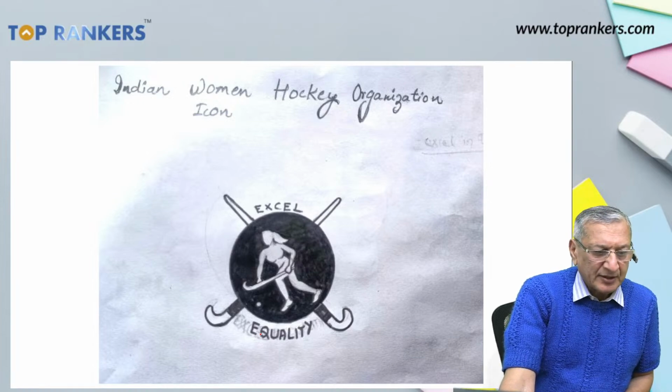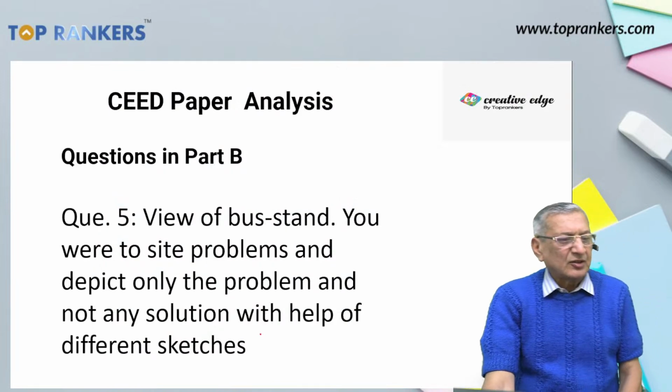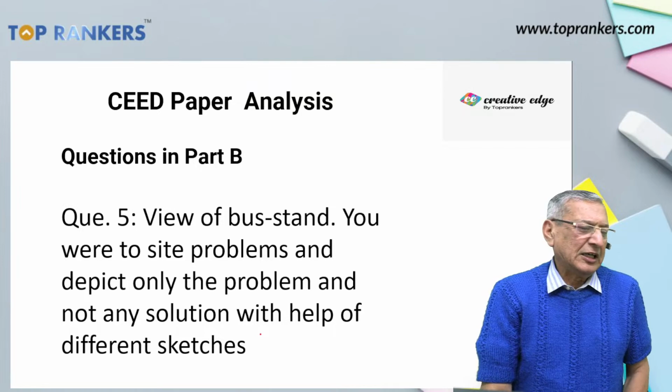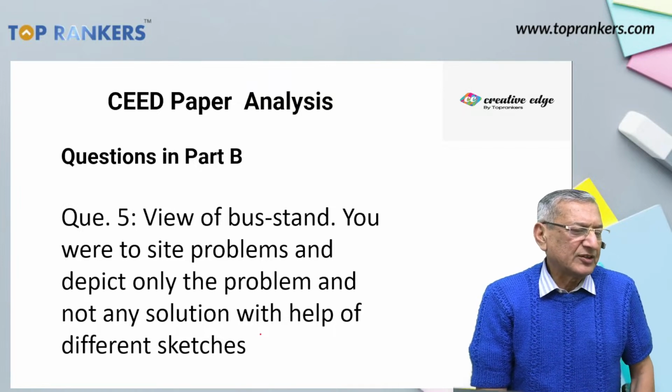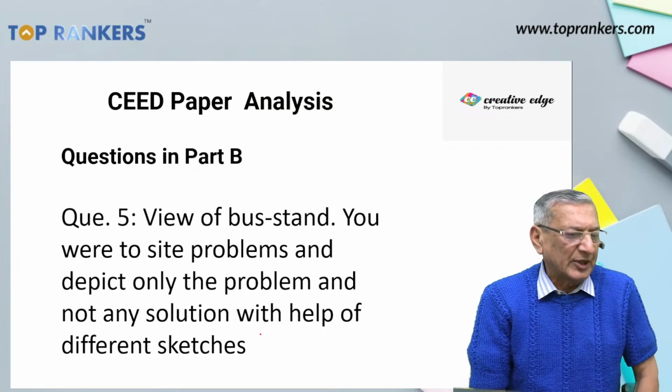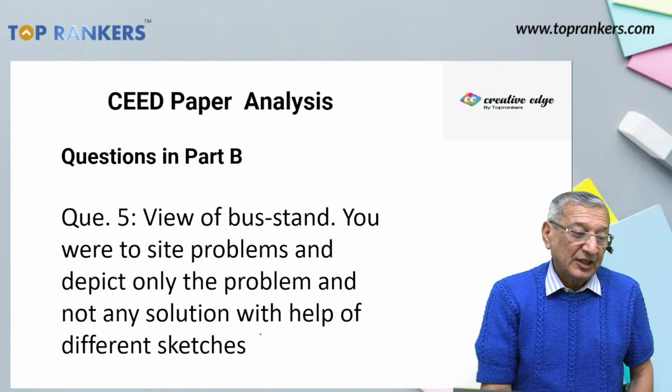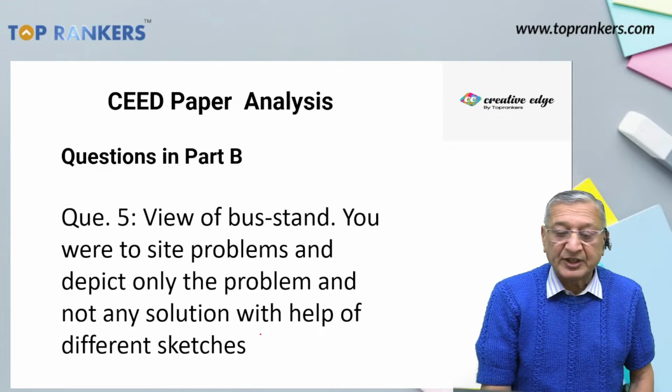Yes, this is the one I said I could not see the picture, so I have just guessed. View of the bus stand. You were to cite problems and depict only the problem with your sketches and not the solution with help of different sketches.